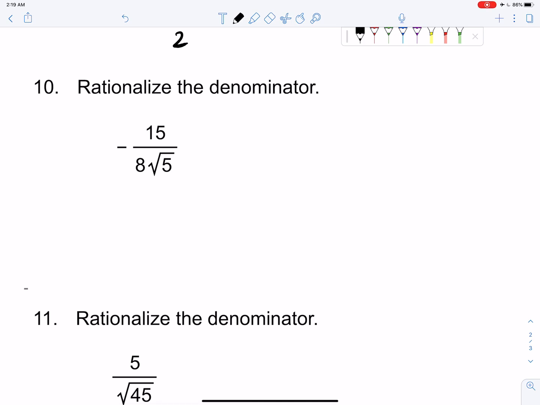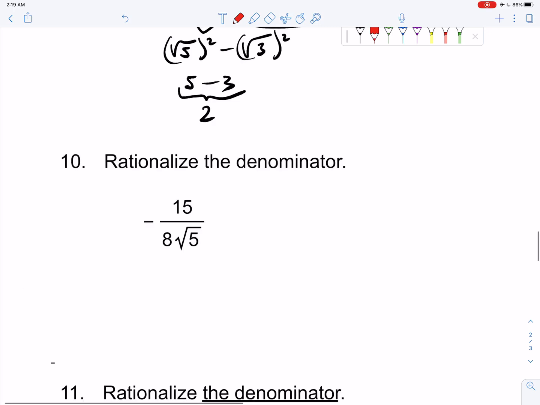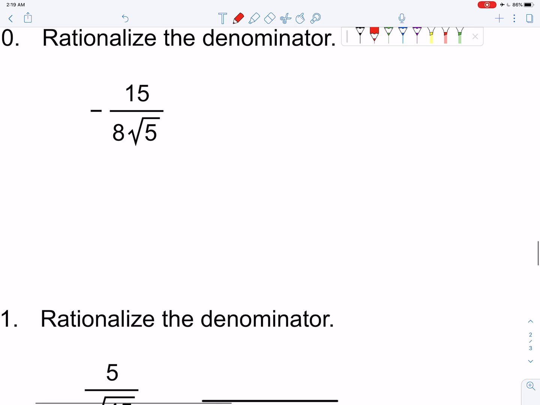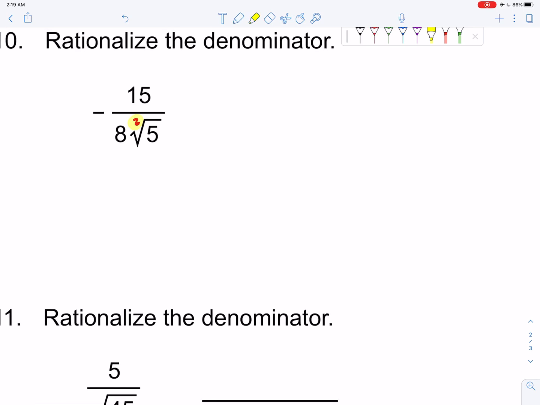Rationalize the denominator. So we start getting the false idea because we say, well, if that's a square root, which it is, root index of 2, well, then I just multiply the denominator and numerator by 8 square root of 5. That will work, but you don't really need that 8, because all you really need to rationalize the denominator is to turn the radical into a rational number.